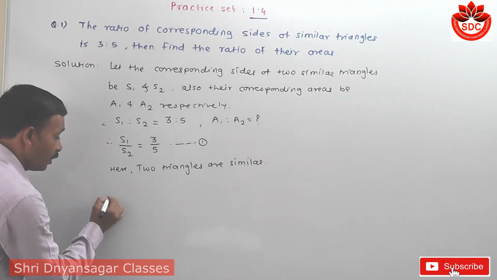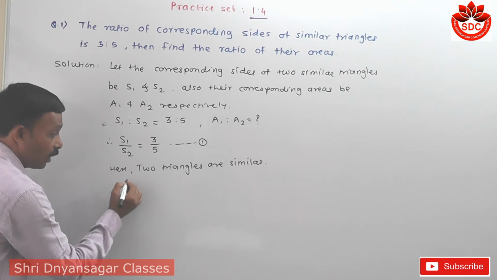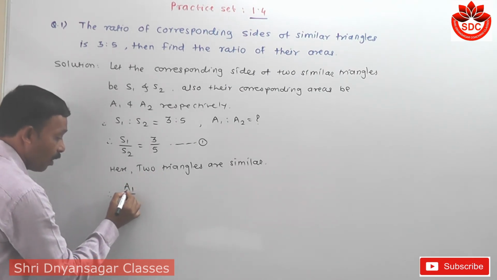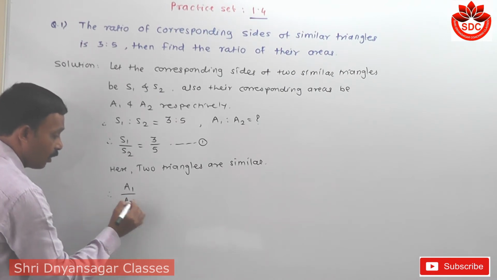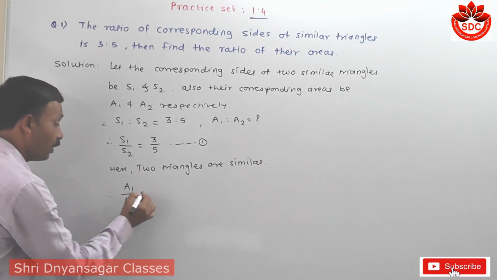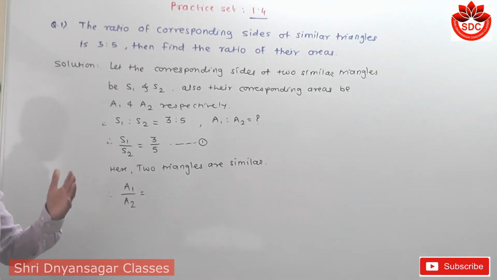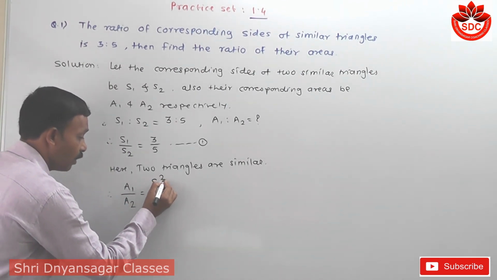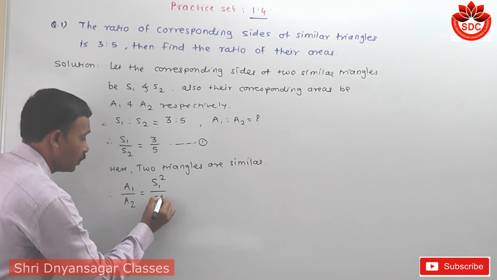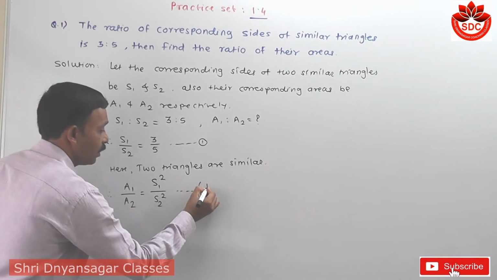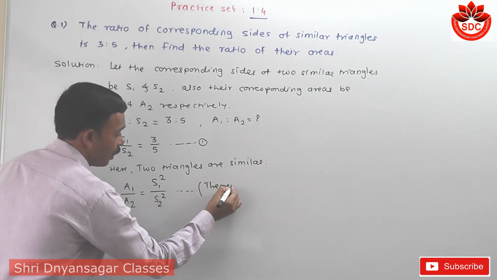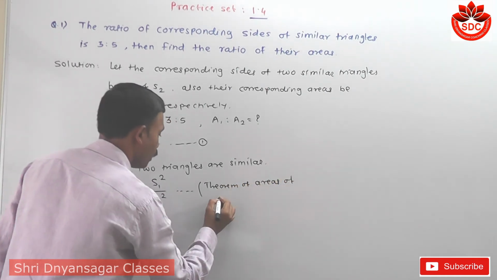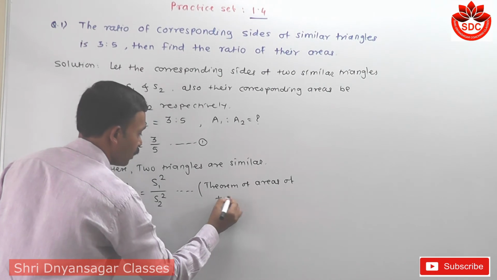It means area of first triangle upon area of second triangle is equal to the ratio of the squares of their corresponding sides, that is S1 square upon S2 square. The reason is by using the theorem of areas of two similar triangles.